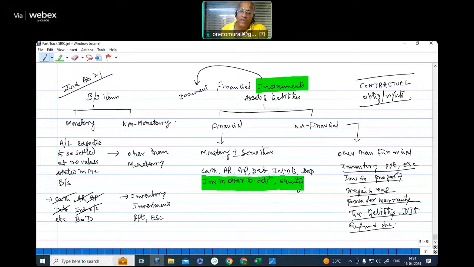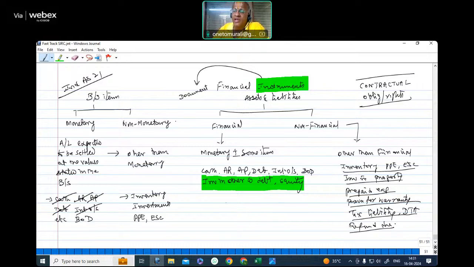So one needs to understand that in order to have an item taken up under discussion as part of financial instruments, it should be documented or there should be an agreement. In fact, when we say document, it need not necessarily be in writing. Just for the sake of introduction, I've said it should be documented. That does not mean it should always be in writing.